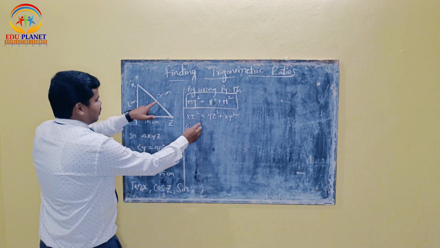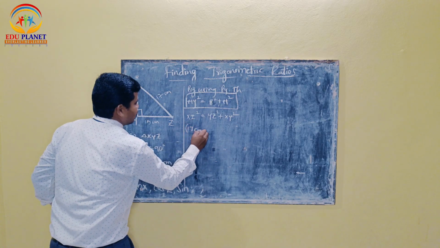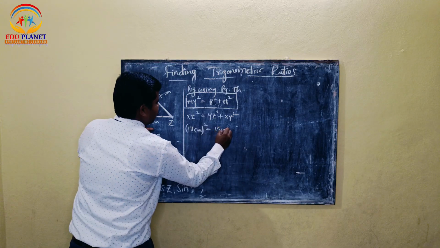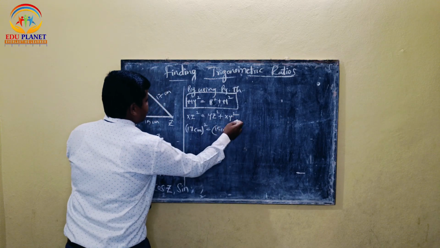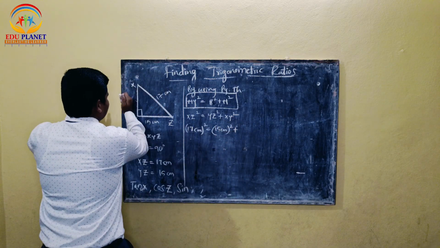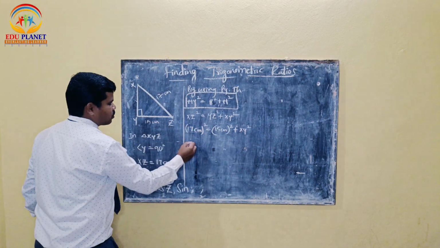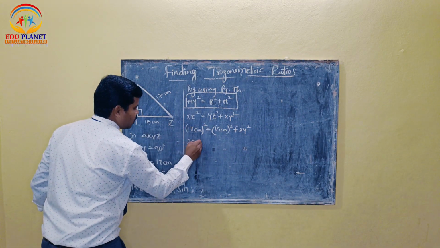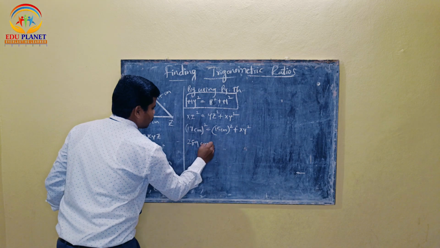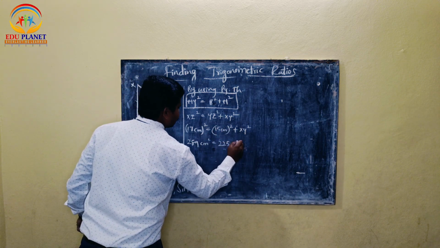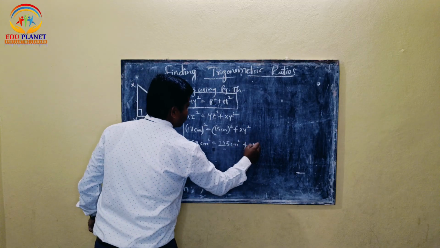XZ square is nothing but 17 centimeter whole square, equals YZ square, 15 centimeter whole square, plus XY square, not given. 17 square is 289 centimeter square, equals 15 square, 225 centimeter square, plus XY square.